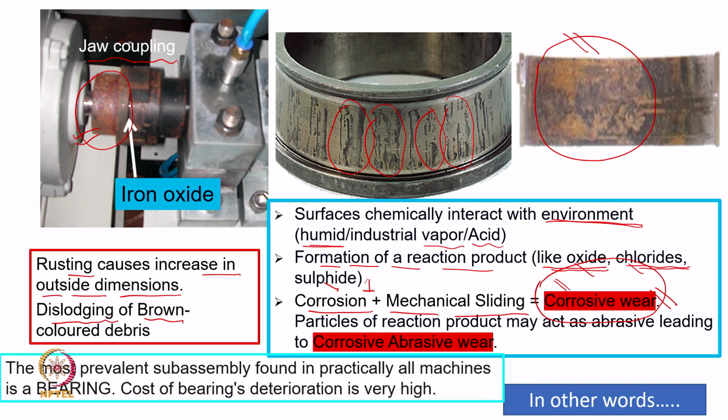We can say 1 plus 1 does not make 2, here it makes 11. So, we need to really consider this whenever we design a good product or a long surface life product.